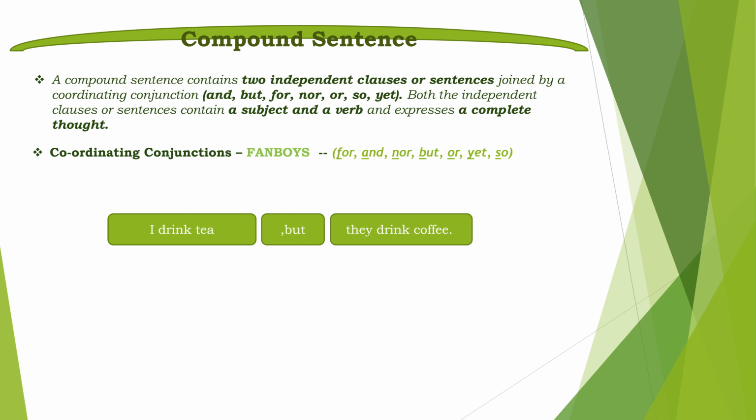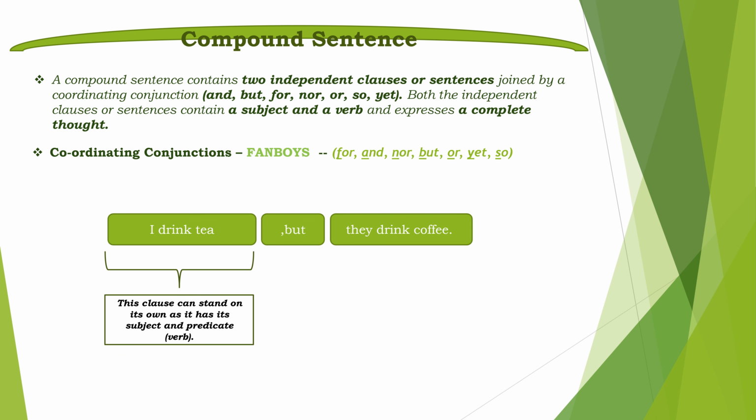I drink tea, but they drink coffee. Now look at the first part of the sentence. In the first part, the sentence has a subject and a predicate. So the clause can stand on its own.